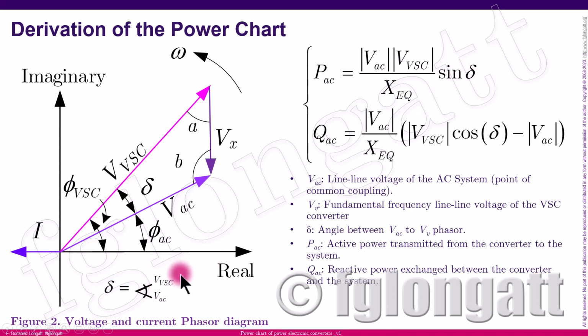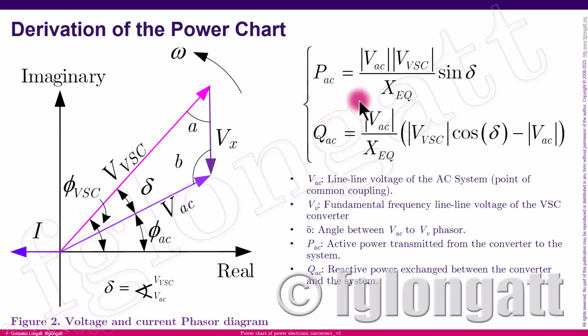Delta is basically the angle between the AC voltage and the voltage of the voltage source converter. That means this small angle here between those phasors. Of course, that equation is very simple because there are no losses in this equivalent circuit.